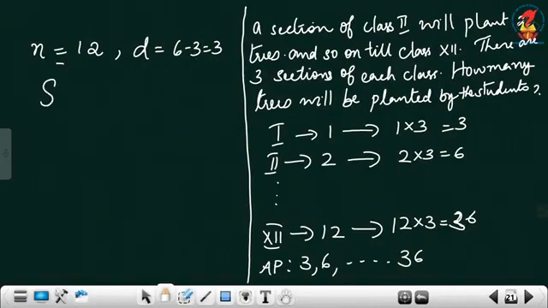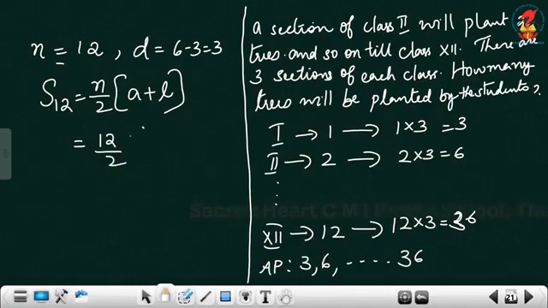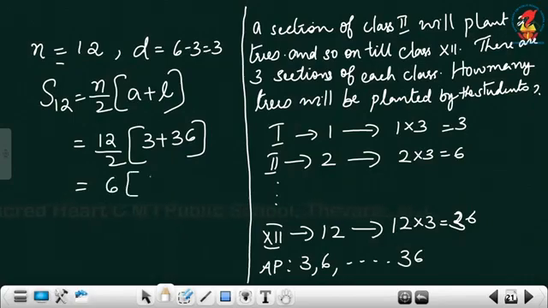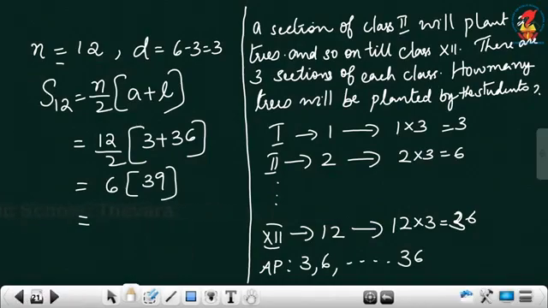So sum S12 is equal to n by 2 into a plus l. That is the easiest one. So it is equal to 12 by 2 into 3 plus 36, which is equal to 6 into 39. So that is equal to 234.